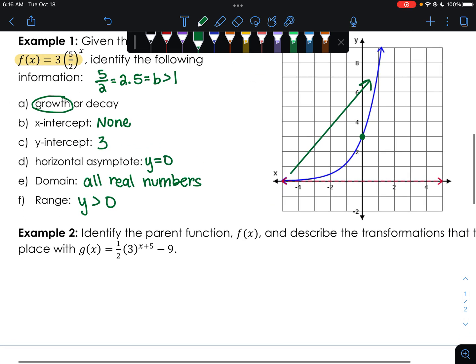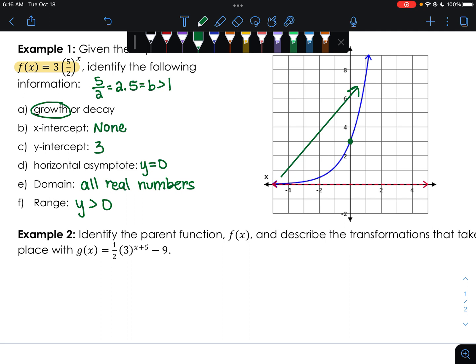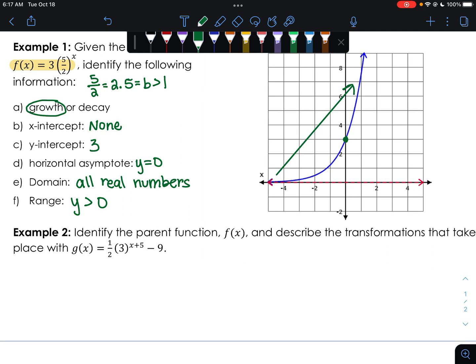Looking at number 2, identify the parent function of f of x and describe the transformations that take place with g of x. So first thing we want to do is identify our parent function. Our parent function is the most basic function without any transformations.